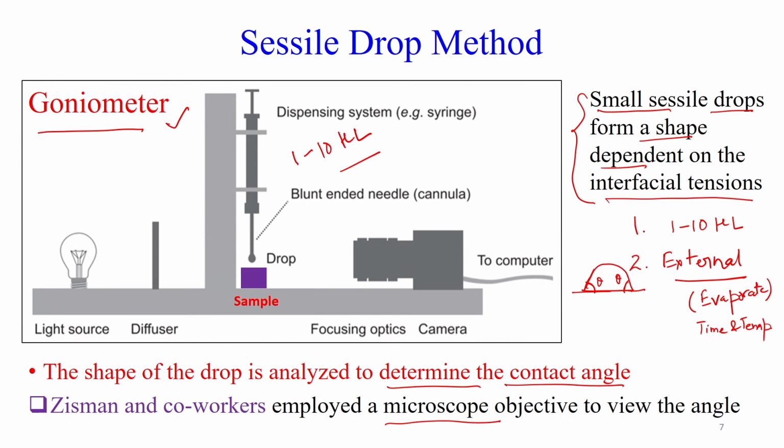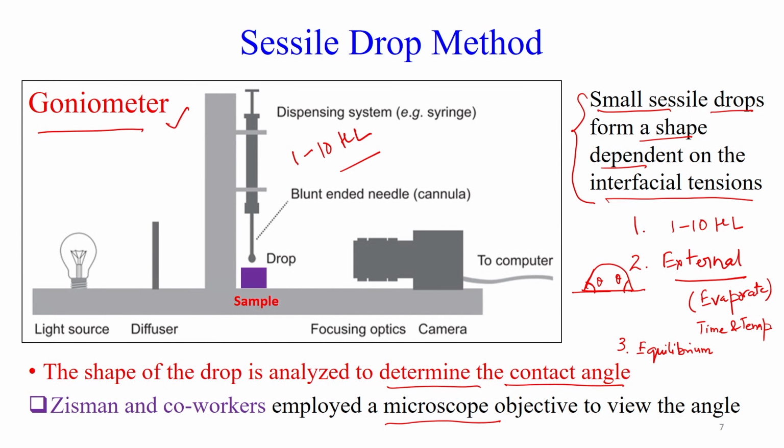Now, the third thing is the equilibrium. If you put a drop over here, it will take some time to reach equilibrium. If you want to measure the static or equilibrium contact angle, you have to measure it when the value of theta becomes constant.